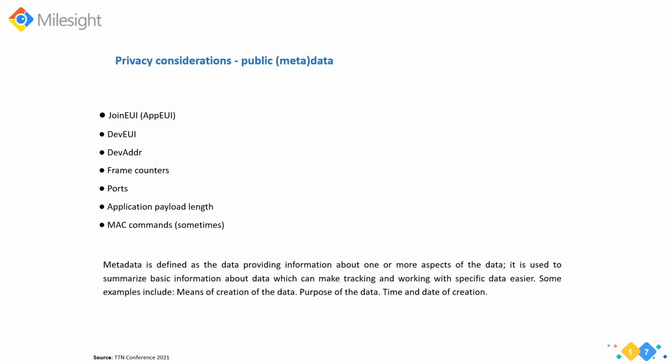And when the end device joins a network, for example, it sends the join EUI, which is the pointer to the join server, the component that generates the session keys. And it sends the device EUI, the unique identifier of the end device, and that just flies through the air, that's fine.